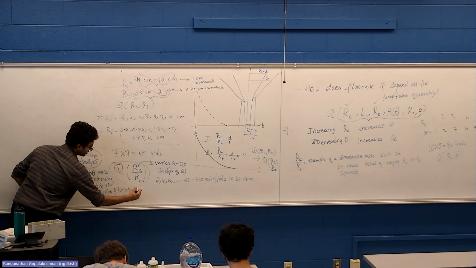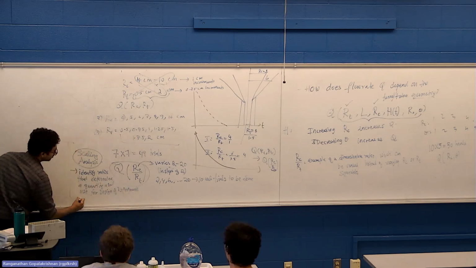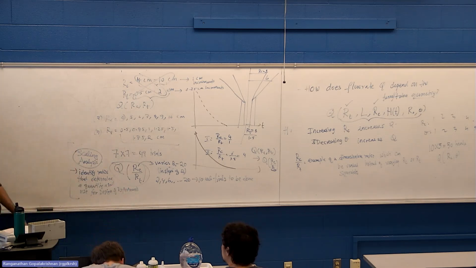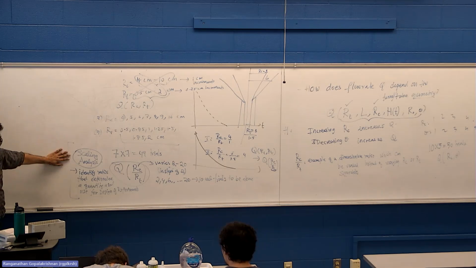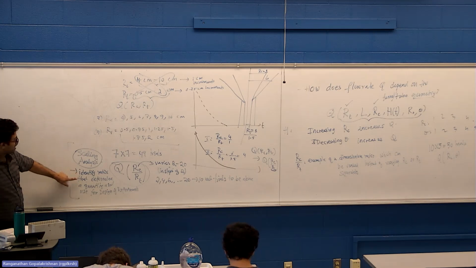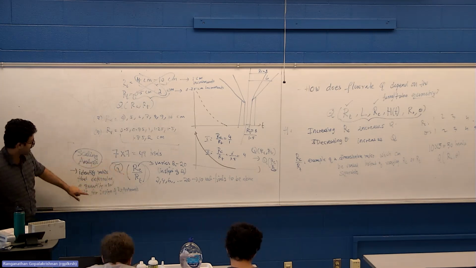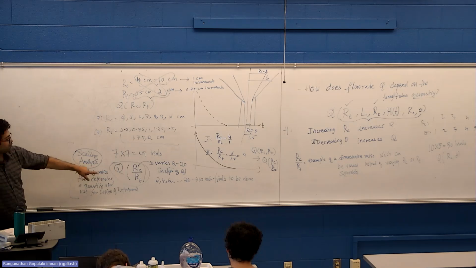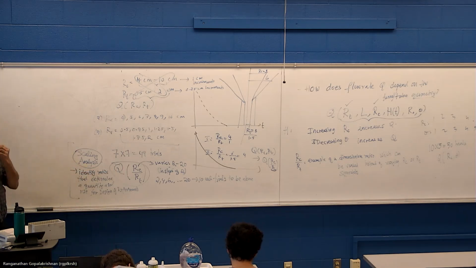Do you want to write this down? Because when you go home and you think of this topic, what are we doing? We are doing scaling analysis, and the purpose of scaling analysis is identifying ratios that determine a quantity like flow rate and using that information for simplifying experiment design. Yes.